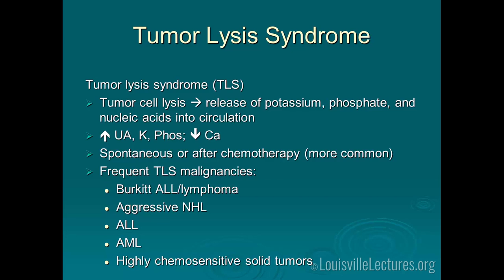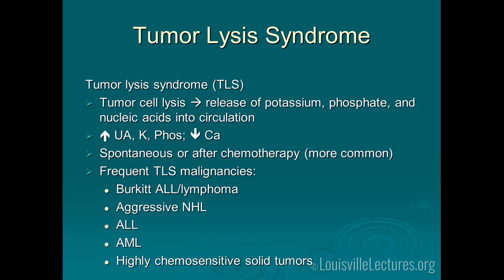So patients who have highly aggressive B-cell lymphomas or Burkitt lymphoma, they often will present with tumor lysis syndrome. So aggressive non-Hodgkin lymphoma histopathologies are frequent offenders on this list.